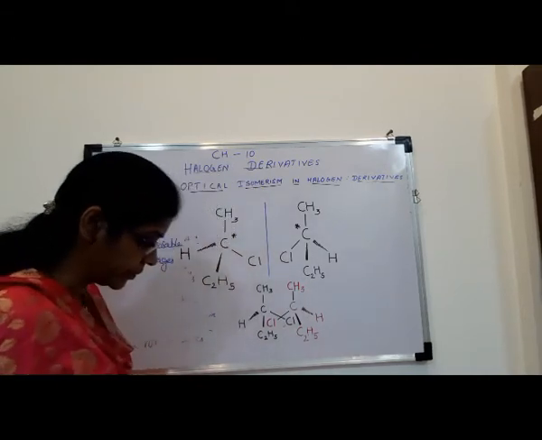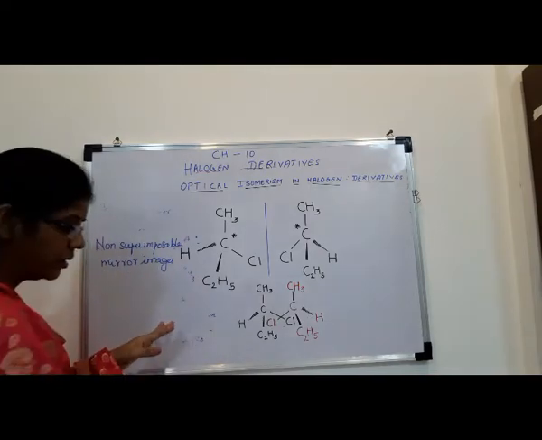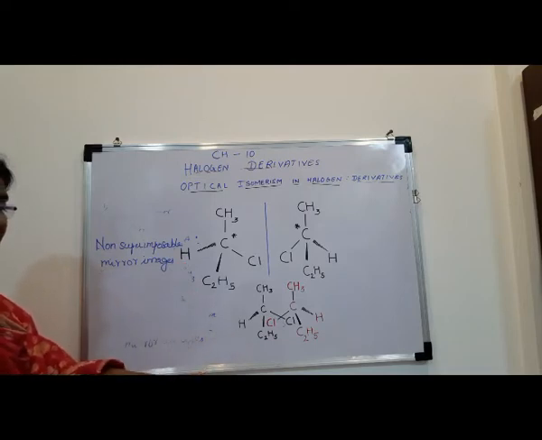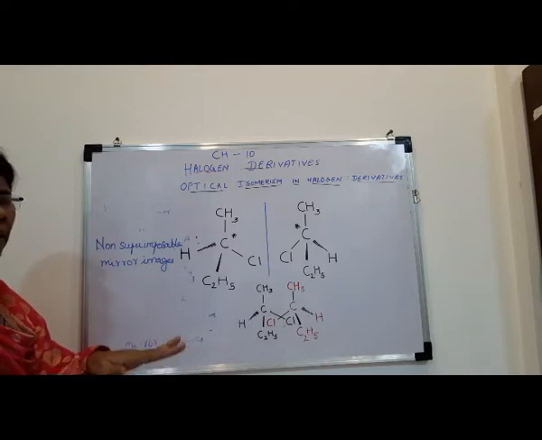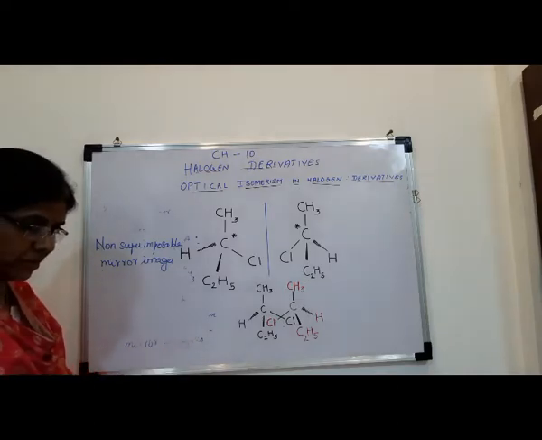So when you lift up your left hand and place it above the right, all the points do not coincide with each other, and therefore, though they are mirror images, you can say that they are non-superimposable mirror images of each other.